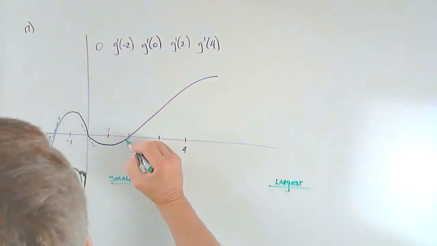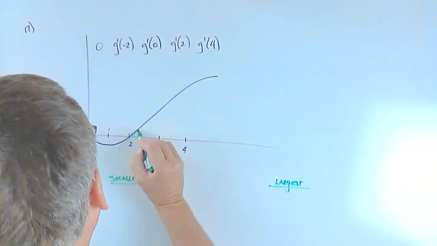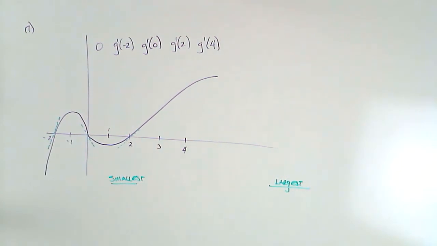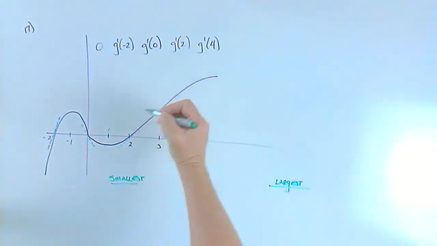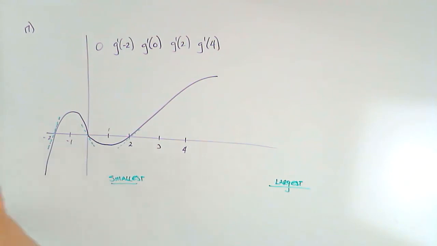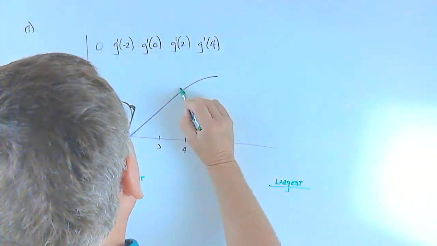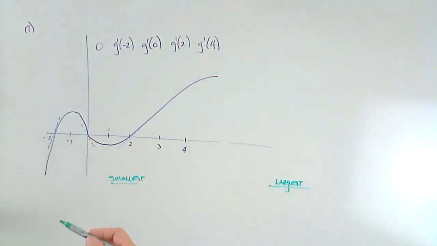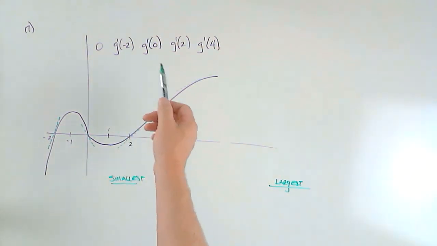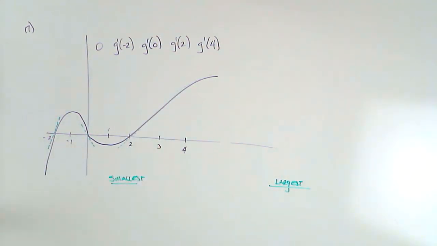At g prime of 2, the slope of the tangent line is positive, not as big as this. And g prime of 4, right? The slope of the tangent line here is positive, but not as steep as this and not as steep as this. Remember, they're trying to get you to remember that g prime means slope.